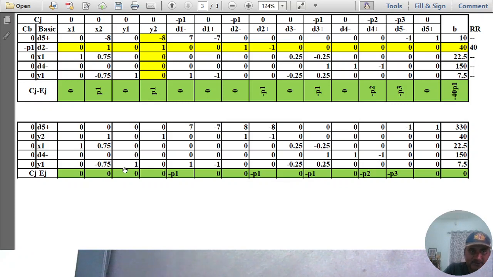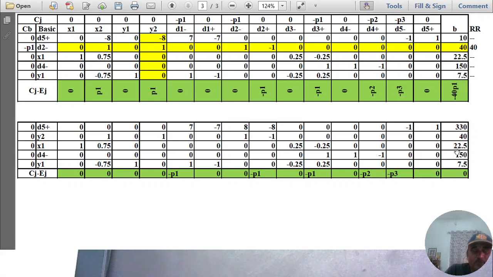Now what is the solution? The solution says that x1 will be 22.5. That means the number of products assembled in regular time is 22.5, right? And in overtime, it is 7.5. There is a demand of 30, which is met by regular time production and overtime production.